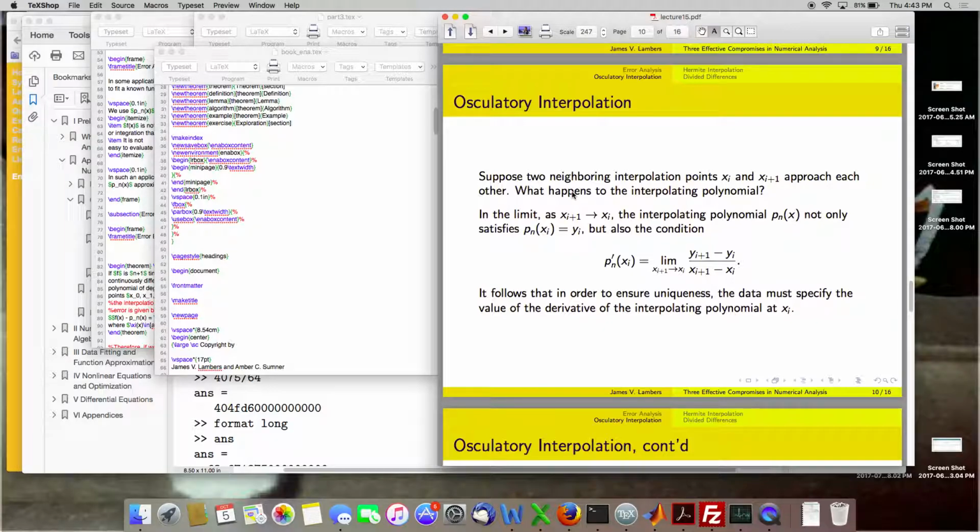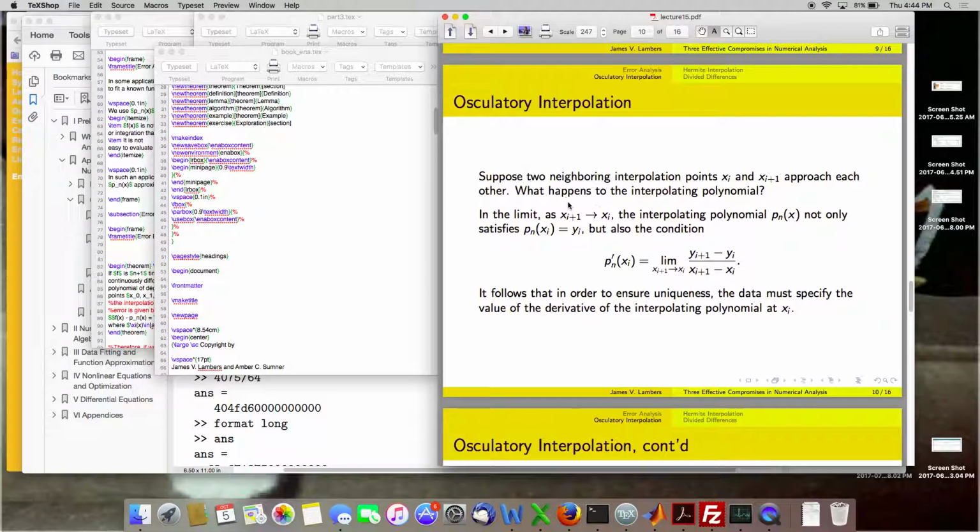For polynomial interpolation, throughout, I've been assuming that the x values for your interpolation points, x0 up to xn, are all distinct. Makes sense. But now we're going to consider a case where they're not, which seems kind of ludicrous, but it actually provides a way to specify extra information about the function that you're trying to approximate.